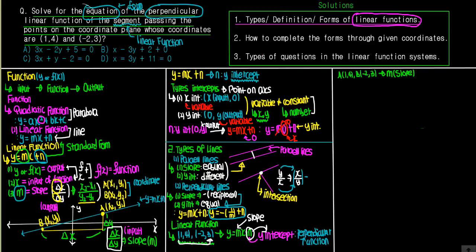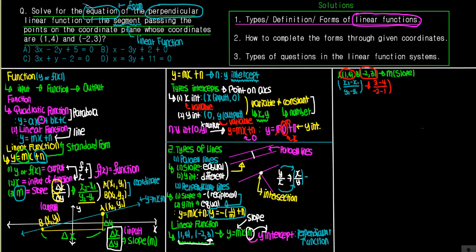So let's apply our slope formula, x2 minus x1 over y2 minus y1. As we can see, the order won't matter. If we say this one is x2 and y2, and this is x1 and y1, we can go this way: 3 minus 4 over y2 minus y1, negative 2 minus 1.